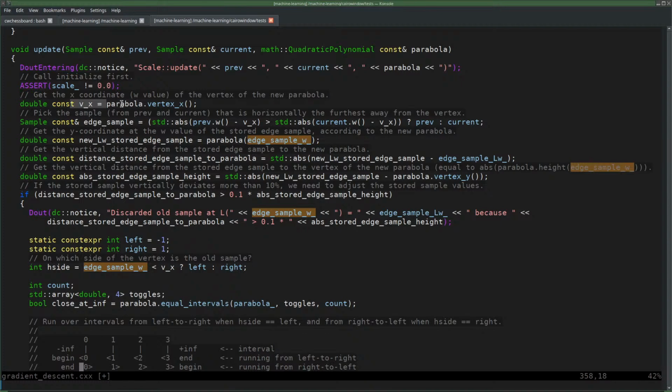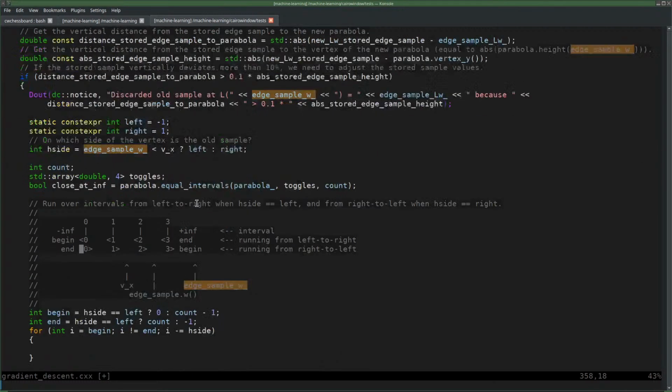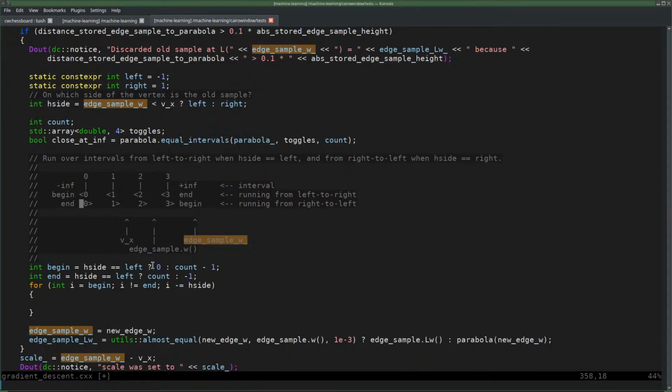Yeah, Vx is the new parabola, and edge sample should be the W value of a sample that we took, which caused that parabola to be calculated. Am I saying that correctly? Yeah, it could be on the other side if we had an overshoot. Yep.